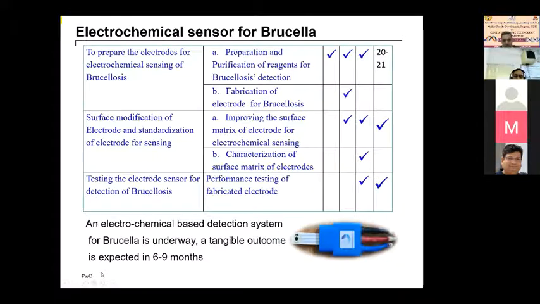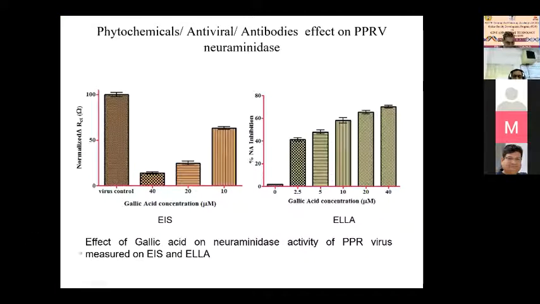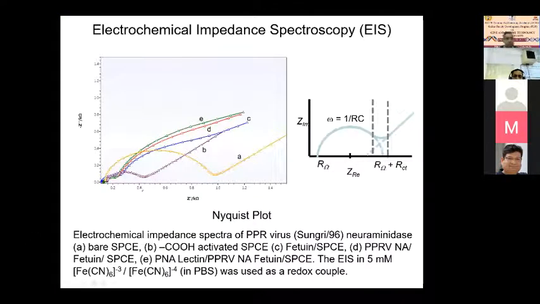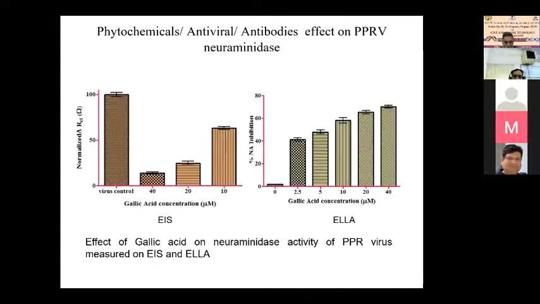Here, go back again. So here is the gallic acid bar diagram. You see the gallic acid concentration, which is inhibiting your neuraminidase. The neuraminidase enzyme is very essential for the pathogenicity of all the influenza viruses or the PPR virus, so its activity has been studied in this experiment with the electrochemical sensor.